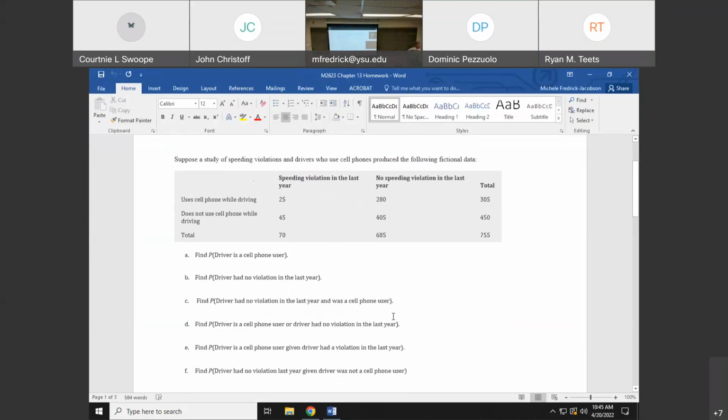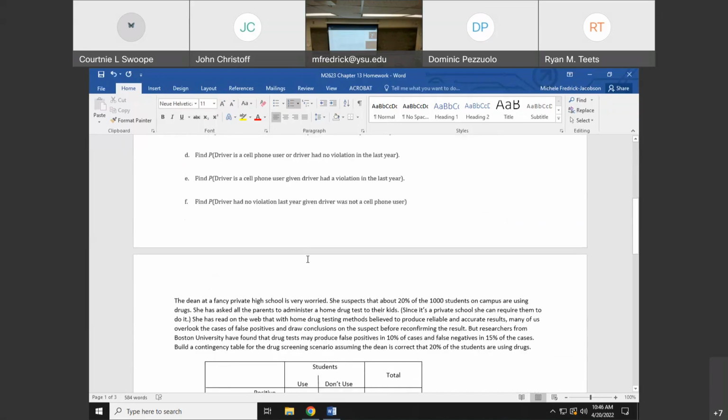Suppose a study of speeding violations and drivers who use cell phones produced the following fictional data. So using a cell phone while driving or not using it is going across. Your number of violations in the last year goes down. Go ahead and find the probabilities.